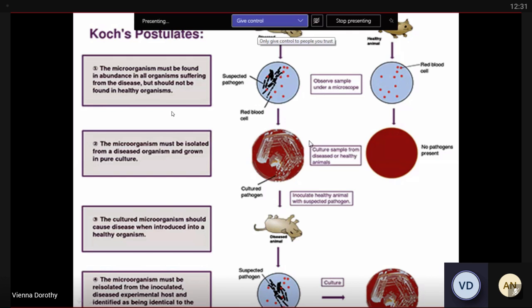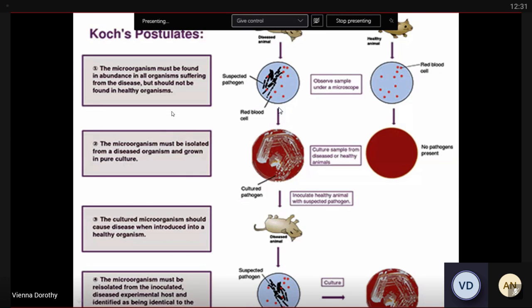Now this organism growing in the laboratory on the plate, if injected into a healthy animal, that healthy animal also should have the same symptoms that the first animal had. Now once the second animal is getting the symptoms, and I try to isolate and check which organisms those are, they should be the same as the organism I had isolated from the first infected animal. So these are the postulates.